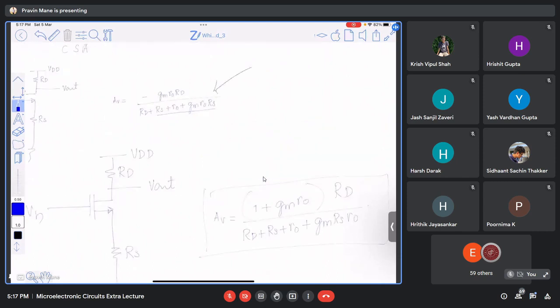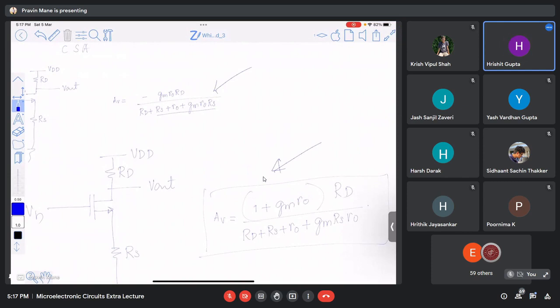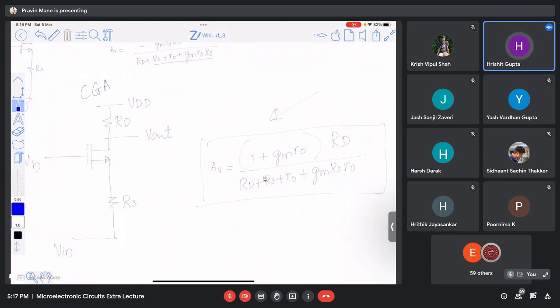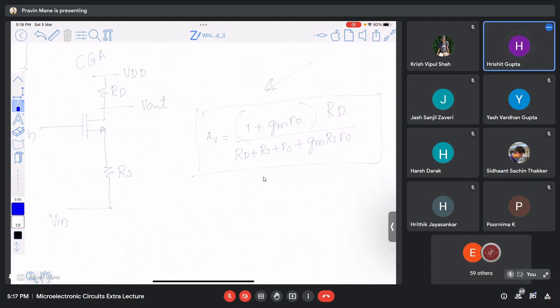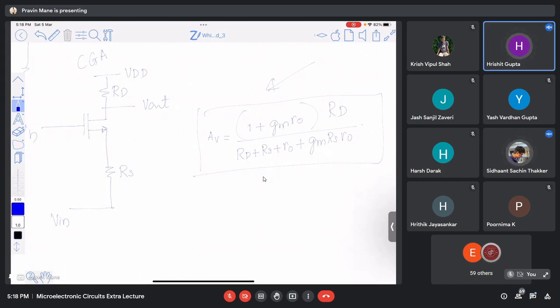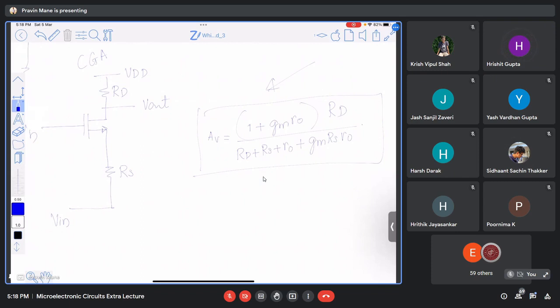And what is the next configuration that is remaining? This was common gate, CGA. And if R_S is not there, what will happen? R_S should be equal to 0, so just remove it.